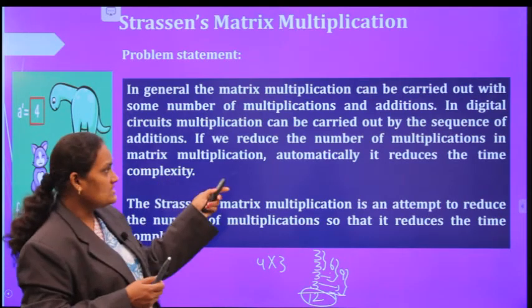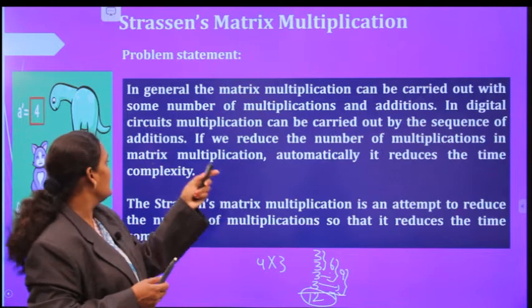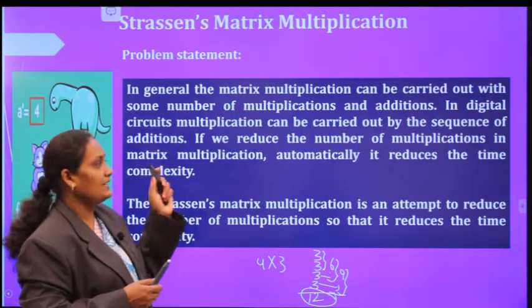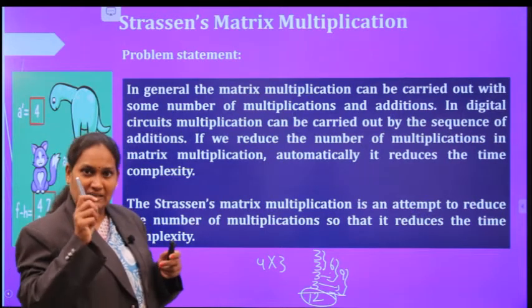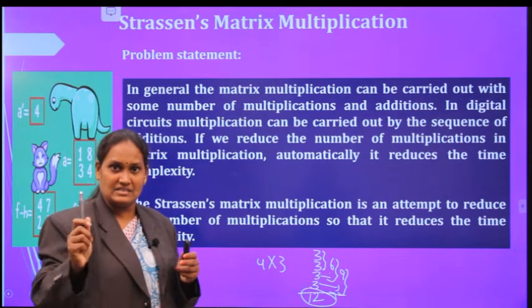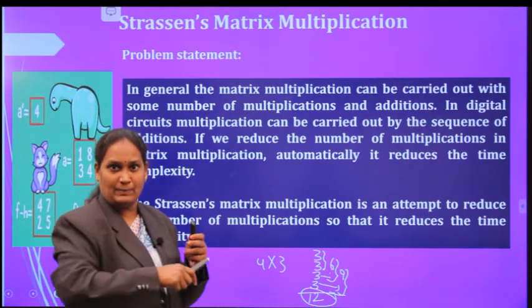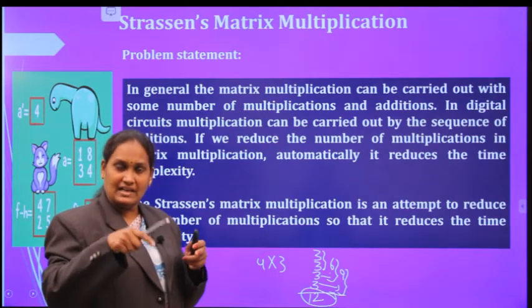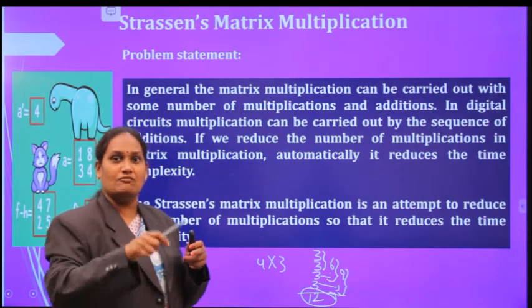Now if we reduce the number of multiplications in matrix multiplication, it automatically reduces the time complexity, because one multiplication means some number of additions. If you reduce the number of multiplications, even though you may increase the number of additions, it reduces the time complexity.